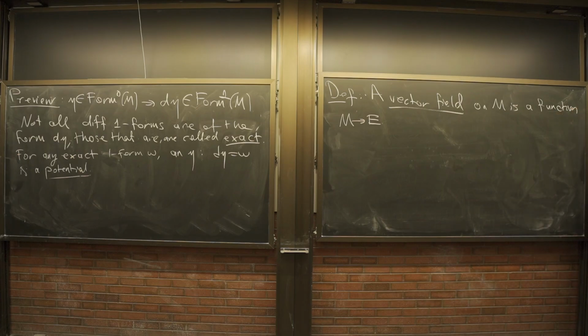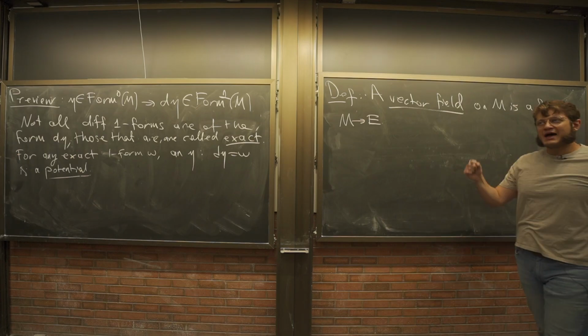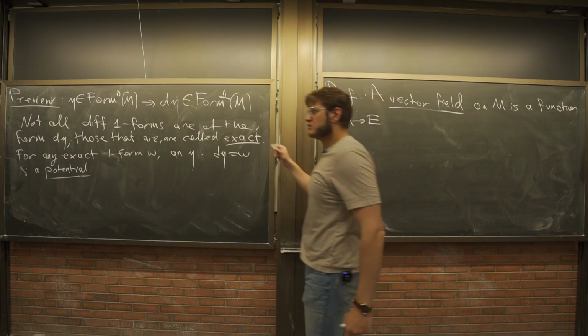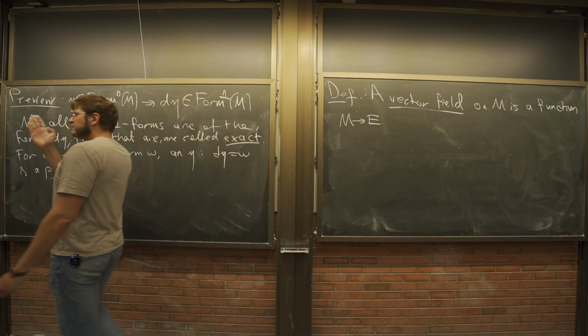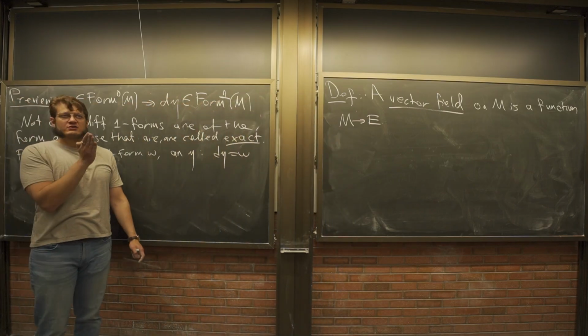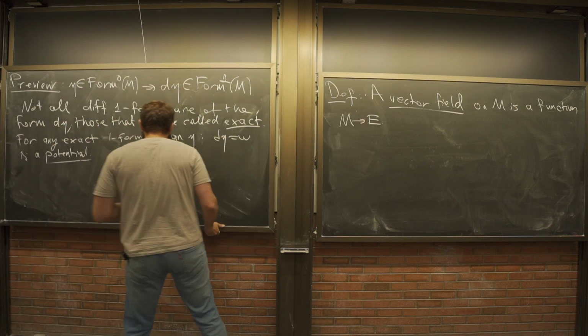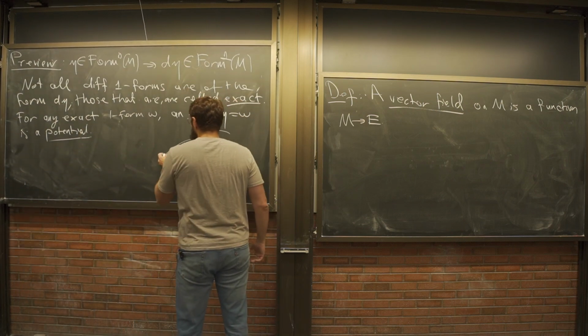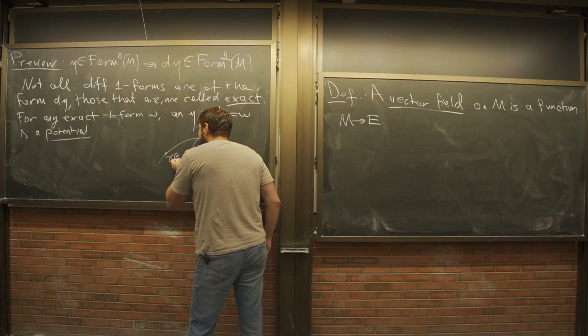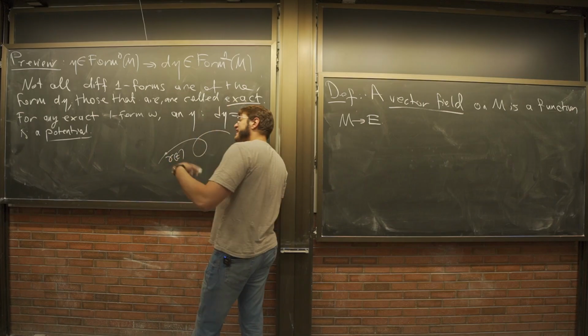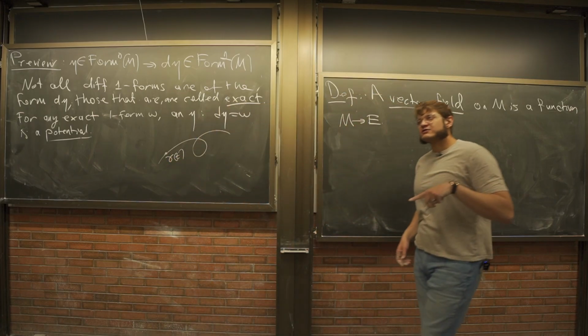Okay, so for instance, in my open set M, if I have a path that is differentiable, let's imagine its derivative. Its derivative should be a vector, and a nice way to think about it is that at the point gamma of t, there's a gamma prime of t that is supposed to be a vector.